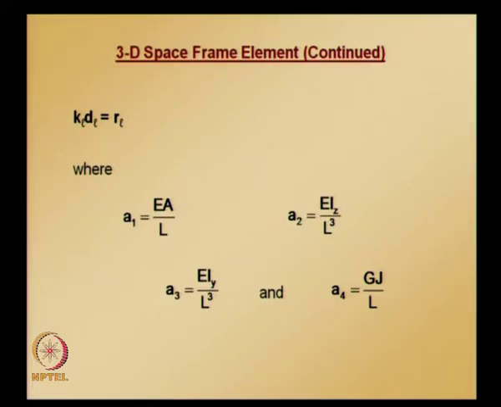And once we have all the element equations in their respective local coordinates, we need to convert them into the global coordinate system before we assemble the global equation system for solving the nodal values.